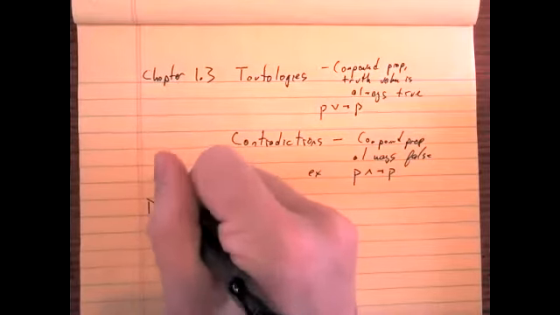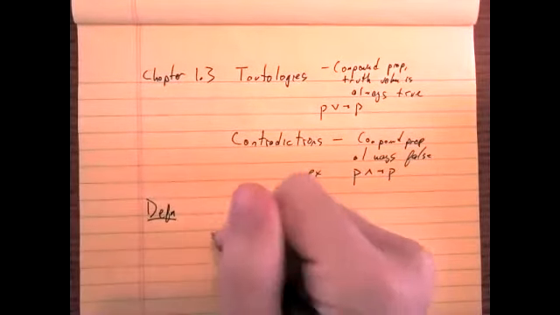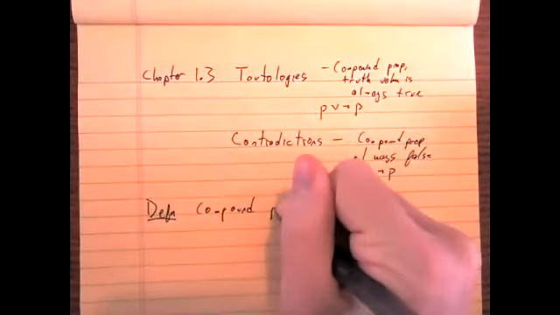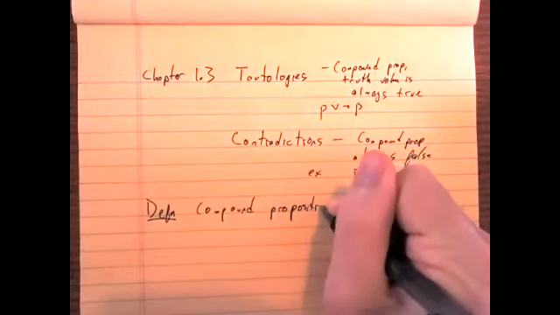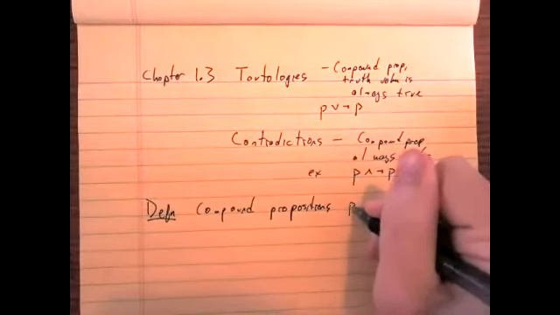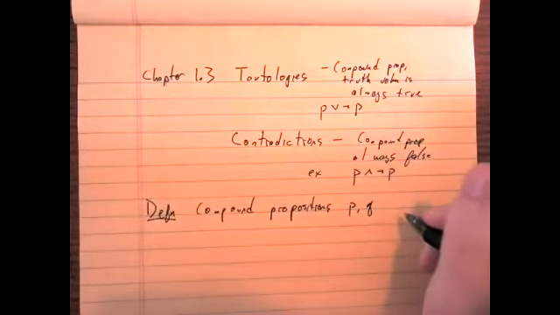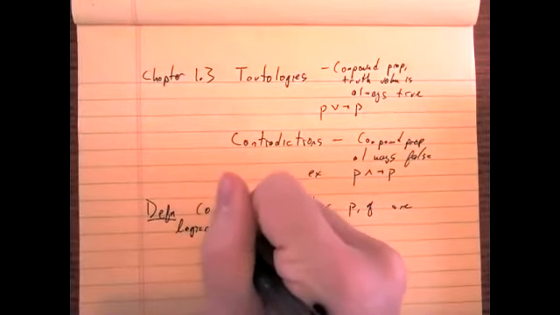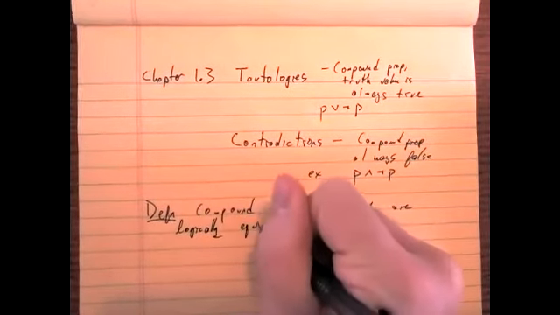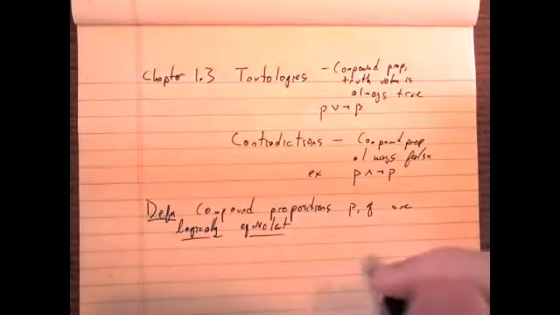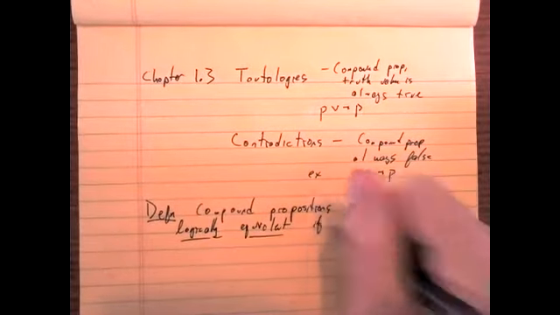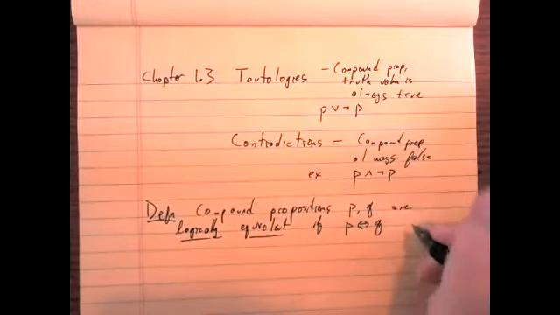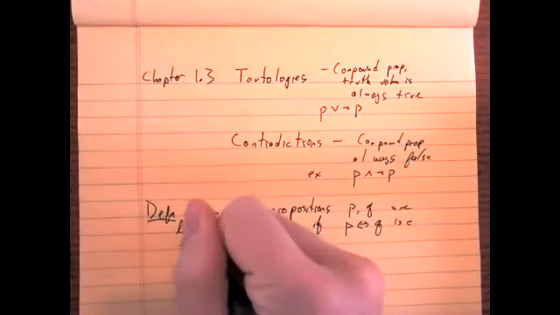Definition: compound propositions P and Q are logically equivalent if and only if P if and only if Q is a tautology.